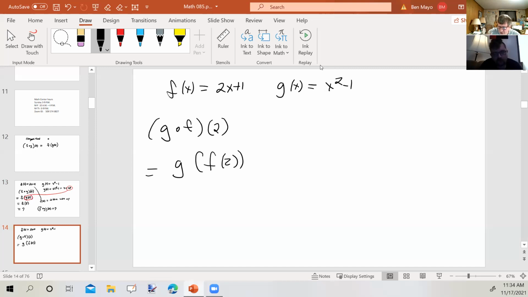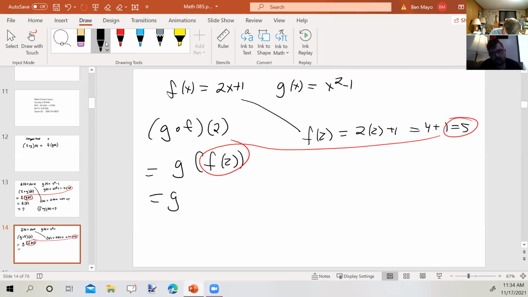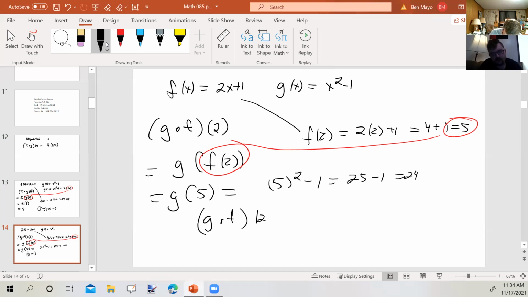So we've switched the order. F of 2 is 2 times 2 plus 1, which is 4 plus 1, which is 5. So that goes in here. So then we get g of 5, which is 5 squared minus 1, 25 minus 1, 24. So g composed with f of 2 is 24.